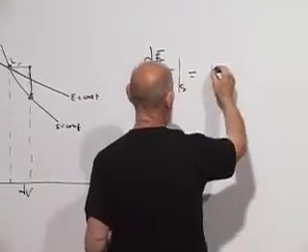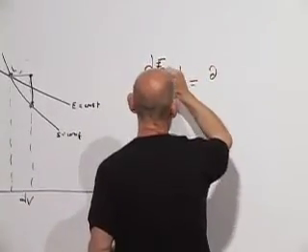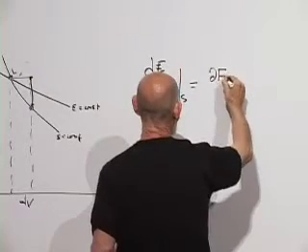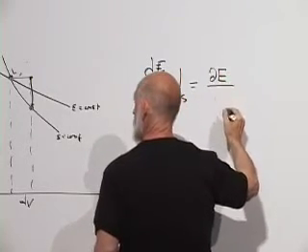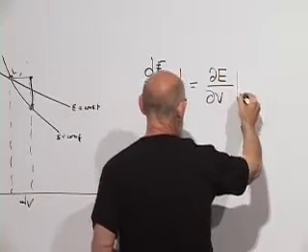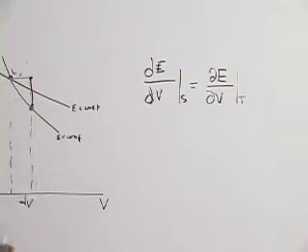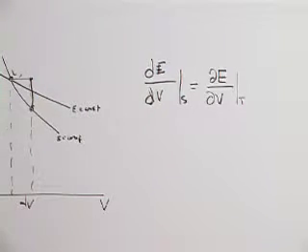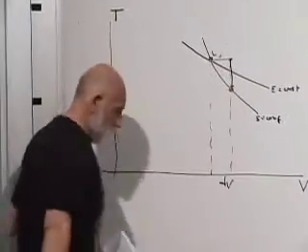This should be the partial derivative of energy with respect to volume at fixed temperature. That's this change here. And then there's the vertical change.